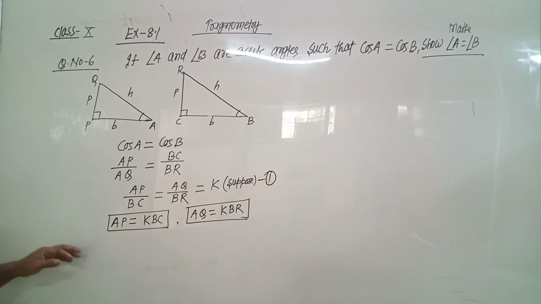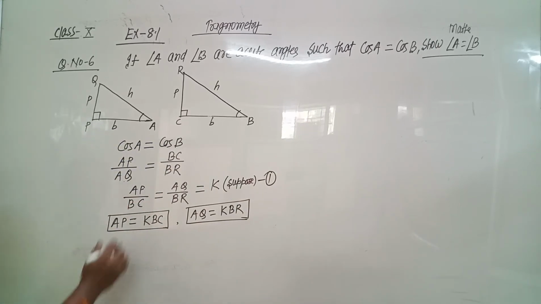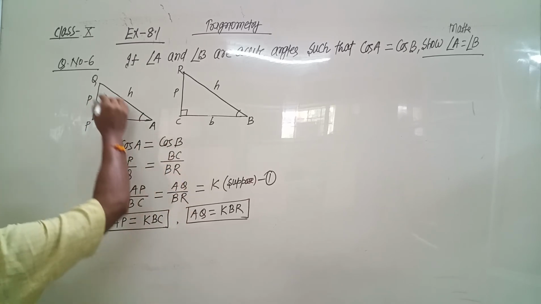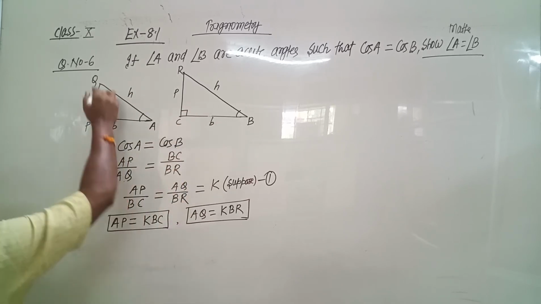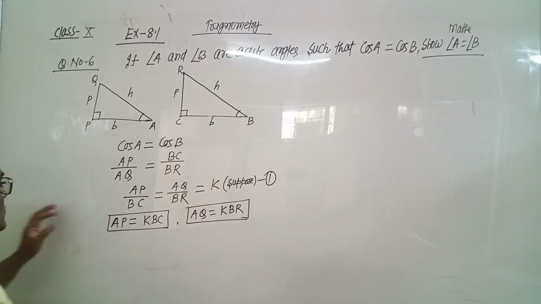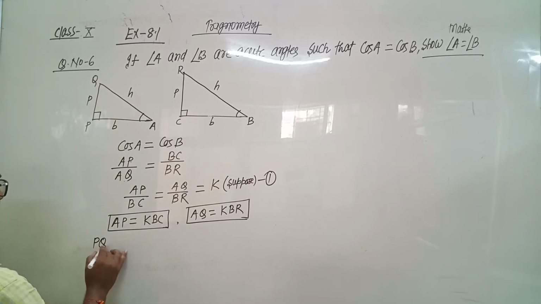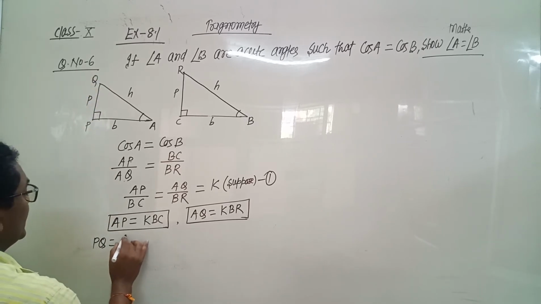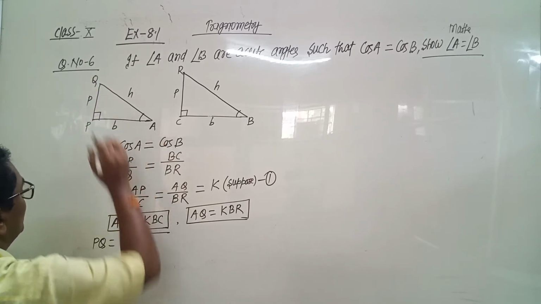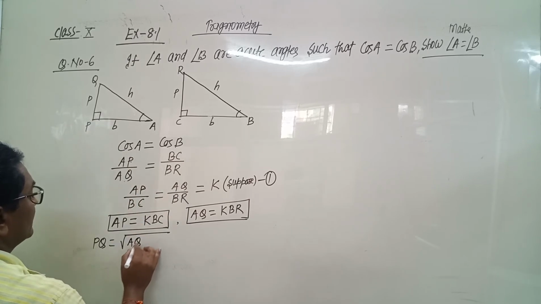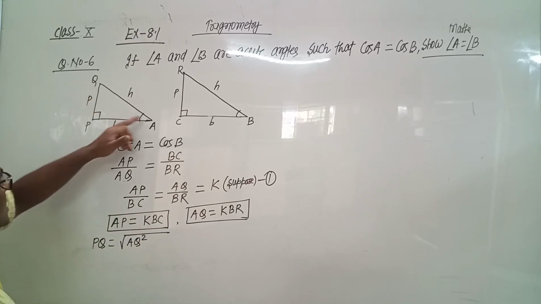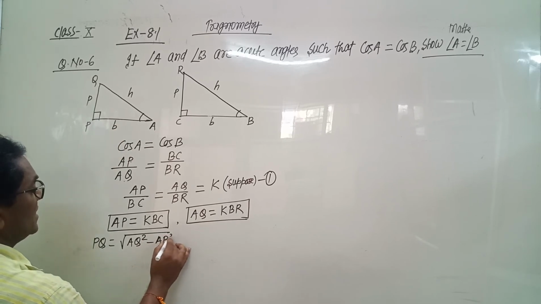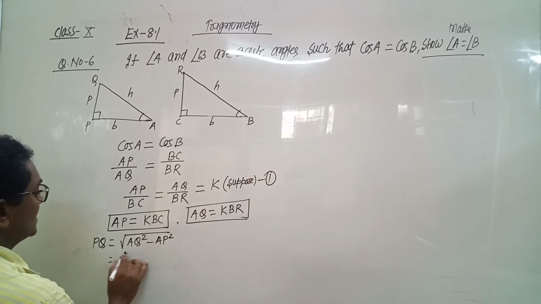Now we have AP, BC, AQ and BR. Now we calculate side PQ. PQ is the perpendicular, which is written as PQ equals under root of AQ square minus AP square.